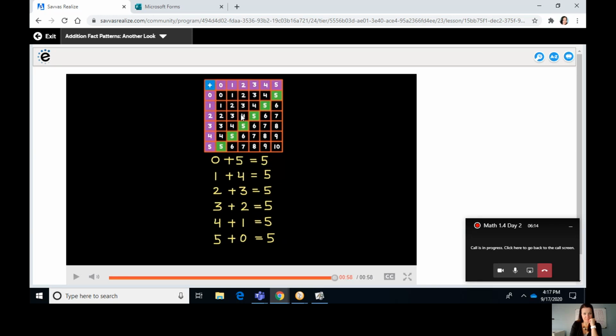That's your sum. 2 plus 3 equals 5. That's your sum. 3 plus 2 equals 5. That's your sum. 4 plus 1 equals 5. That is your sum. And 5 plus 0 equals 5. That again is your sum.